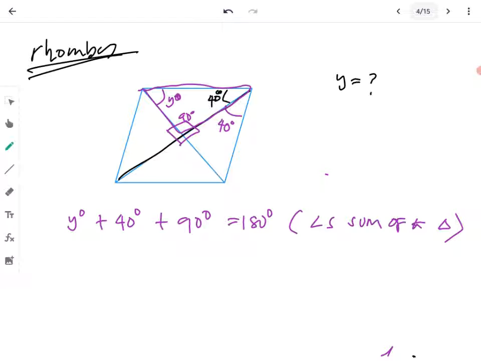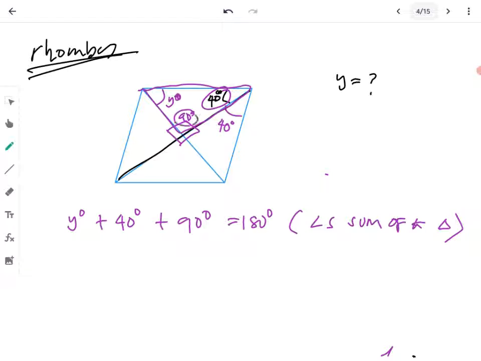So look at this. We use two properties of a rhombus and incorporate them into the angle sum of a triangle. What are the two properties? We know that the diagonals of a rhombus bisect the interior angles. That made us conclude that this is also 40 degrees. Number two, we know that the diagonals of a rhombus bisect each other at right angles.